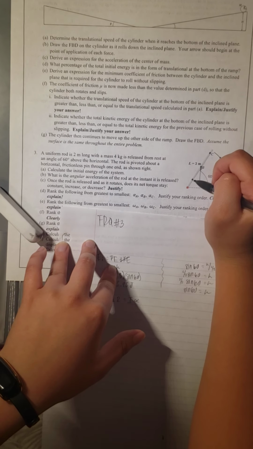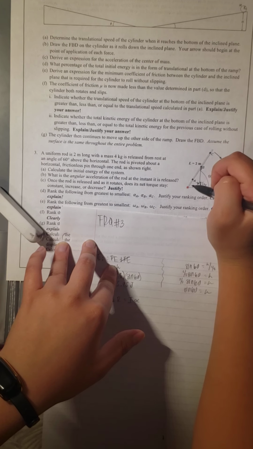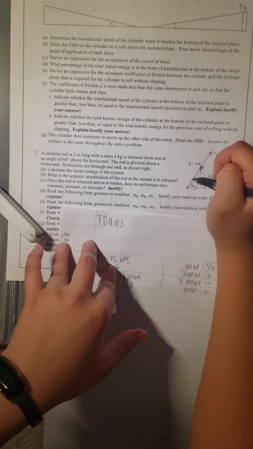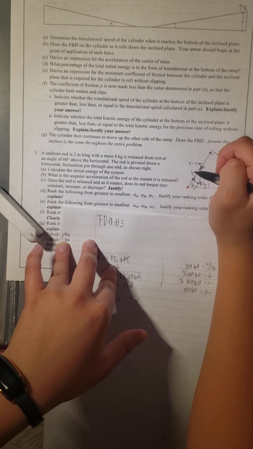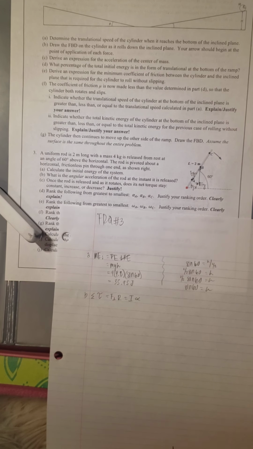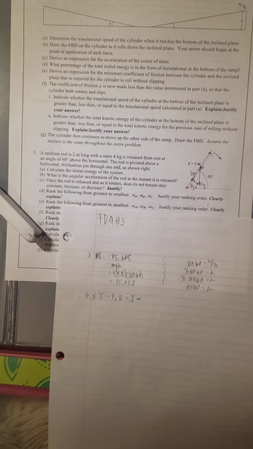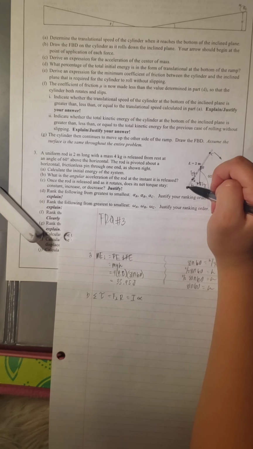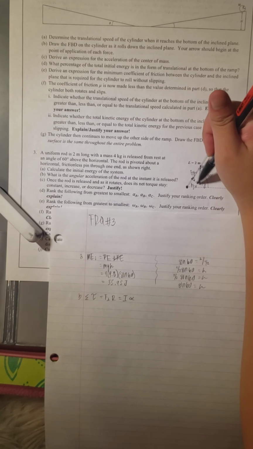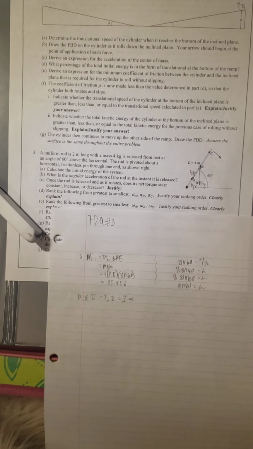And then you have an F of g x and your F of g y. Now, you can't just use your F of g because that is not perpendicular to your pivot. Right? That is not perpendicular. So instead we need to use our F of g x.